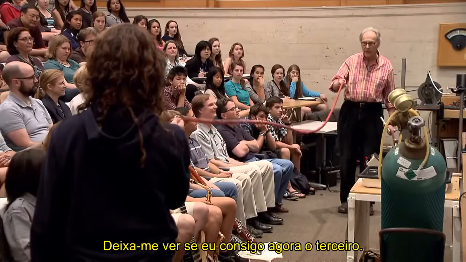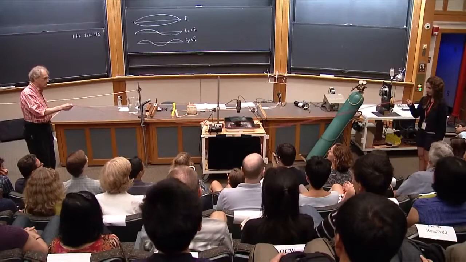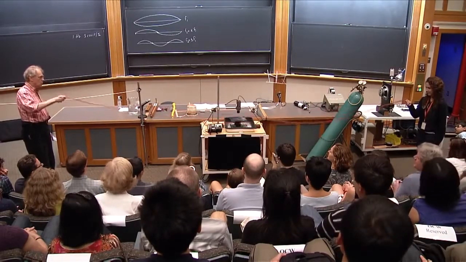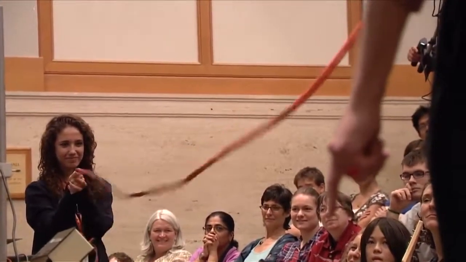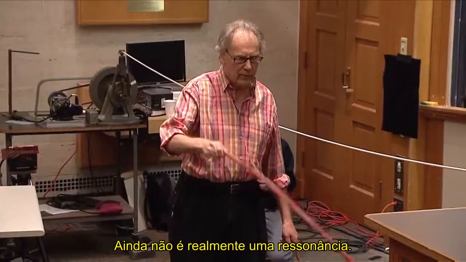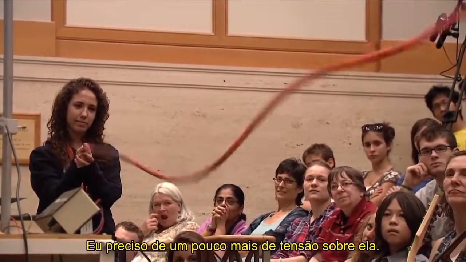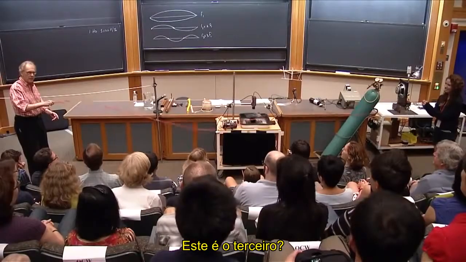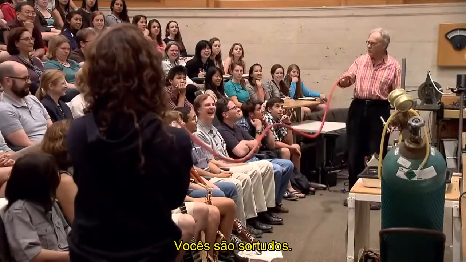Let me now see whether I can get the third one. Is this the third? It's not really in resonance yet. Need a little bit more tension on it. What is this? Is this the third? The fourth. Lucky you.